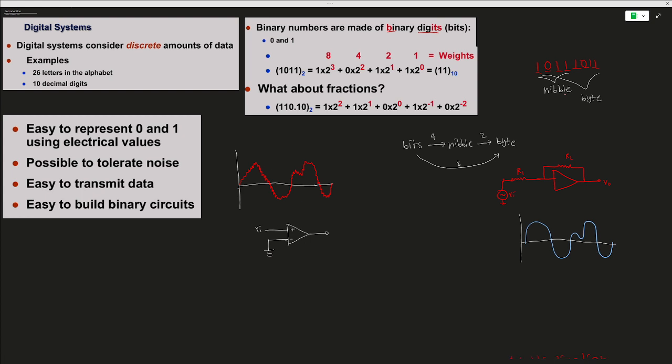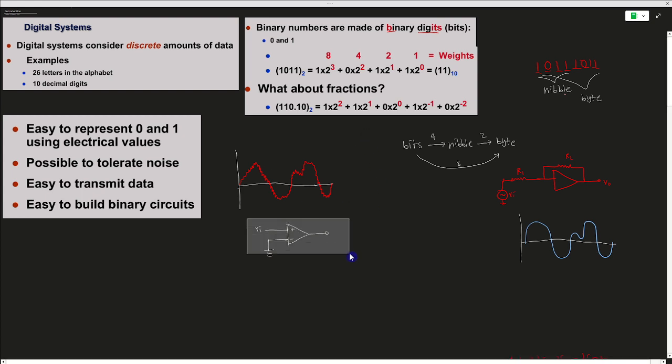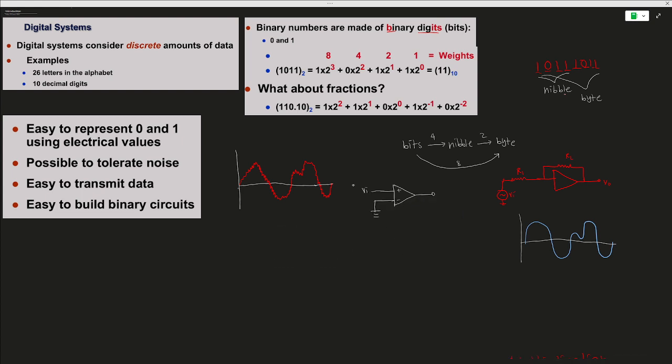So what does this comparator do? The comparator is simple. It's an op-amp without any resistors. Meaning, you are only putting input to the op-amp itself and there is no feedback returned.